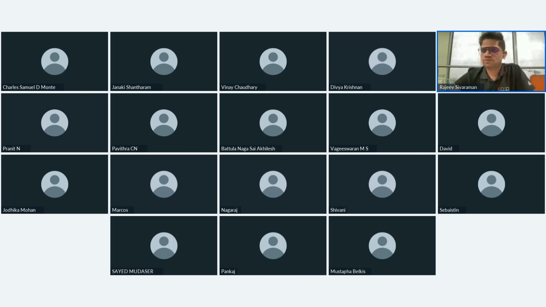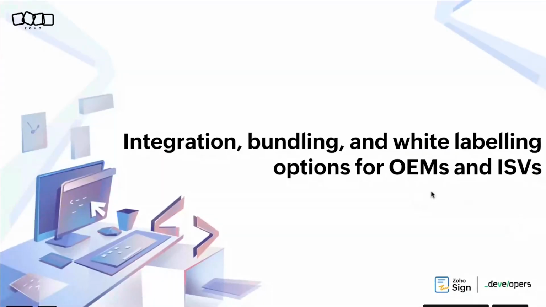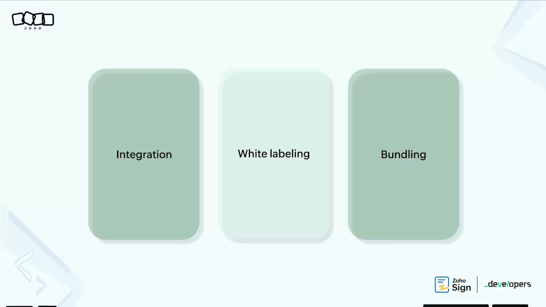So we are almost at the end of the session. One more key factor that Zoho Sign offers is, let's say you have a business and use an application and you are looking for a custom integration with Zoho Sign, or you want a white-labeled domain, as in when your recipient opens the document, instead of sign.zoho.com or sign.zoho.co.in, you want it to be sign.yourbrandname.com.